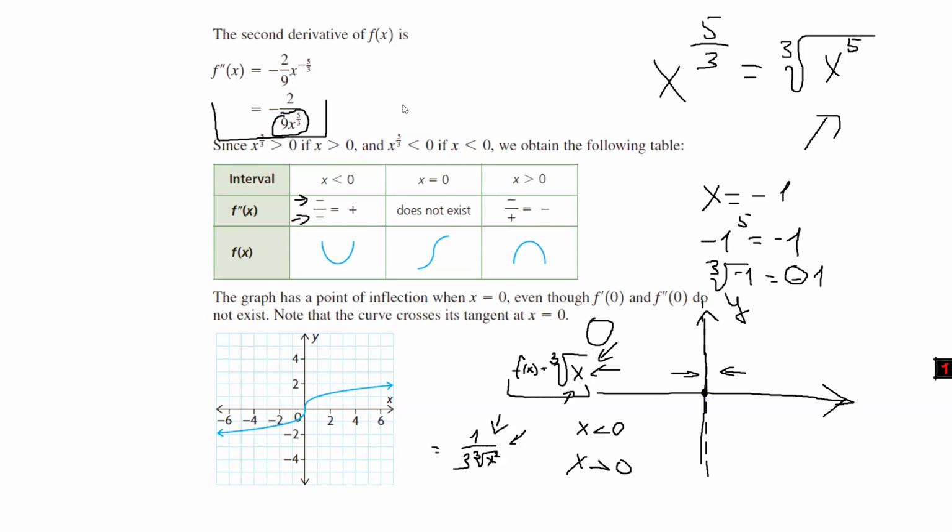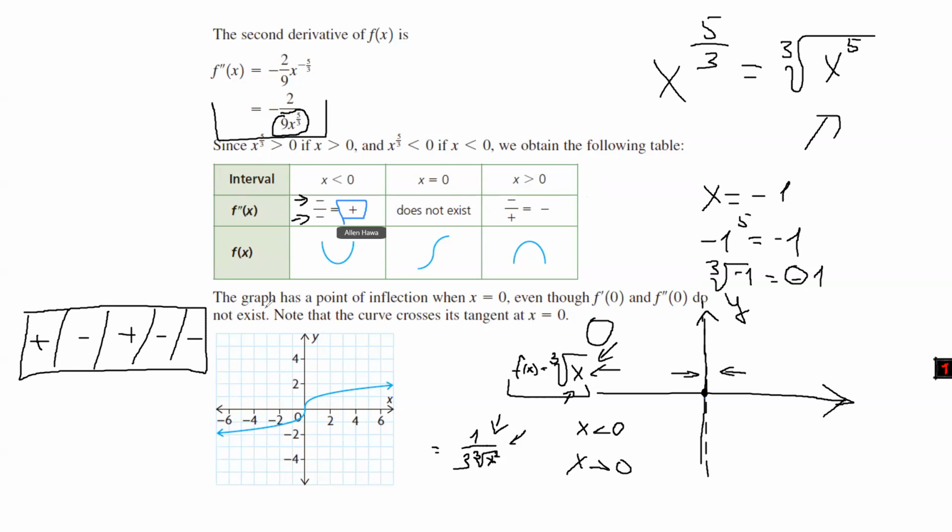And that's how you're going to see it in most cases. In more complicated functions you're just going to have a bunch of intervals and more special points, and you just need to say plus or minus, plus or minus. It could be minus, minus two times in a row, and it wouldn't be an inflection point, right?